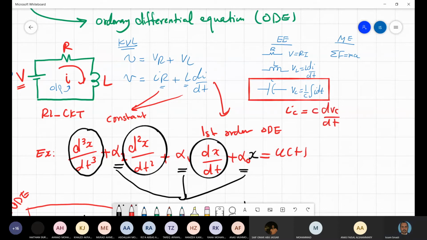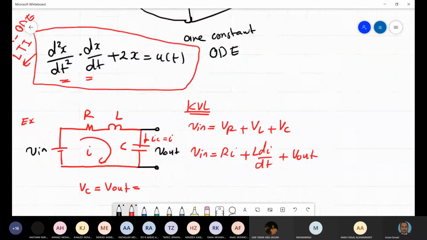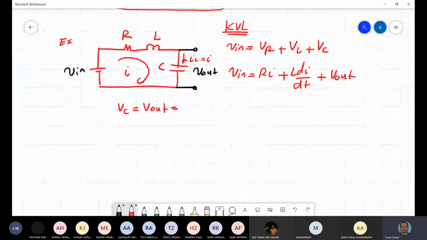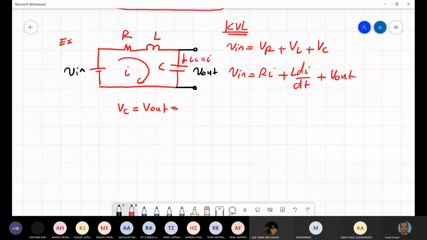If I differentiate this one, I will get this one, yes or no? So simply here, the current I will equal C dVC by dt, or this will equal C dV out by dt, correct?